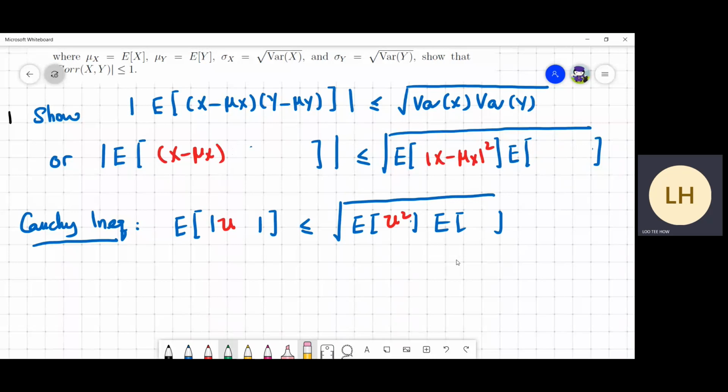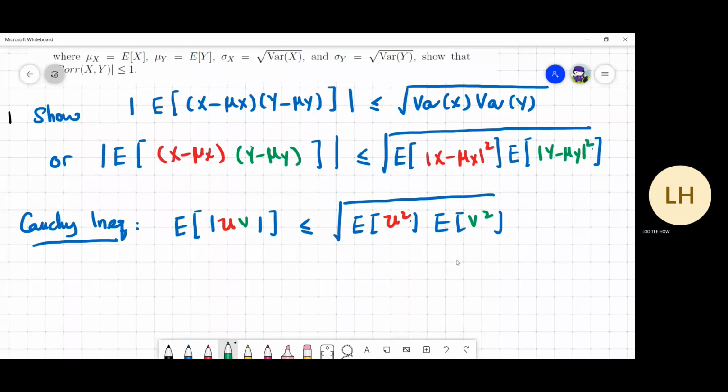After changing the color for these two symbols, I think you should have a better idea how we are going to apply the Cauchy-Schwarz inequality to solve the problem. This is the inequality that we want to prove. It actually looks like the form of the Cauchy-Schwarz inequality. The only problem is there is no modulus over here.